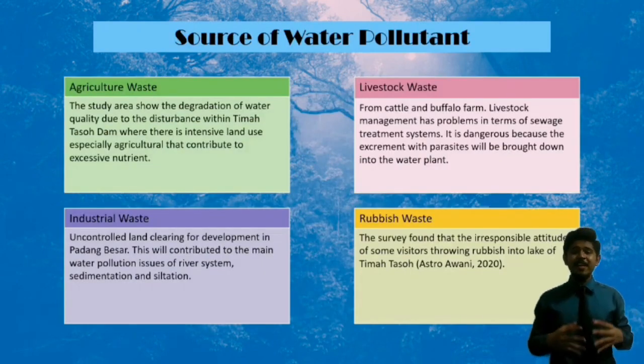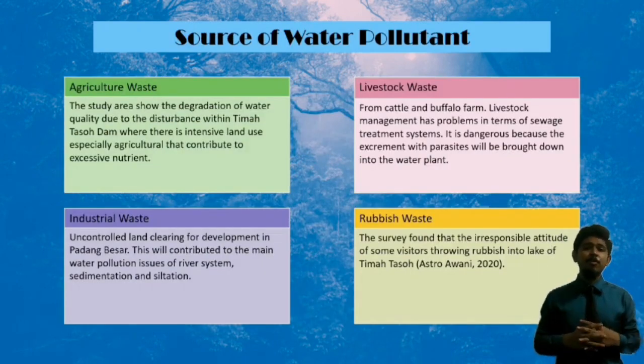In this research, I have determined 4 sources of water pollutants at the catchment area. First, agriculture waste, where there is intensive land use, especially agricultural, that contributes to extensive nutrients. Second, industrial waste, where a lot of land clearing for development happens in Padang Besar that affects the river system, sedimentation and siltation.